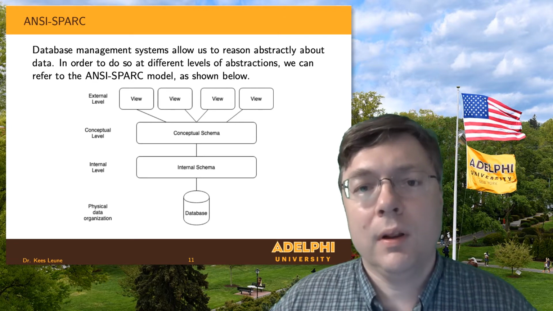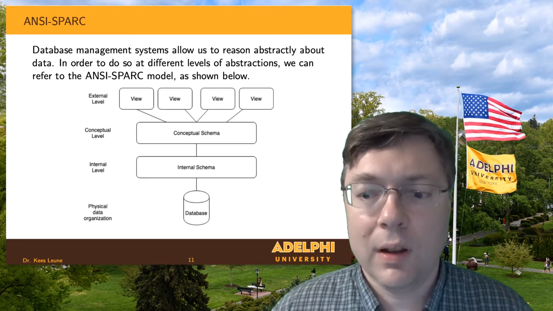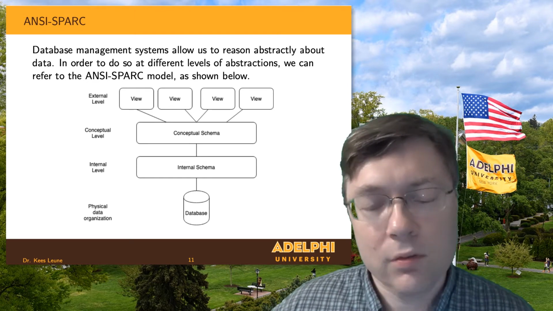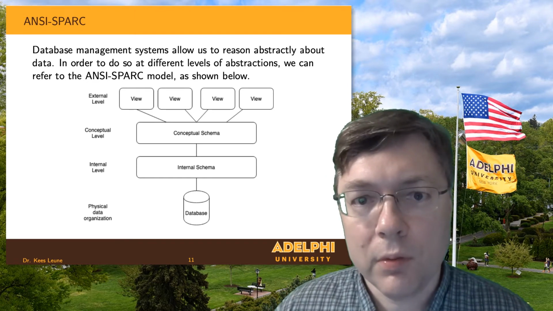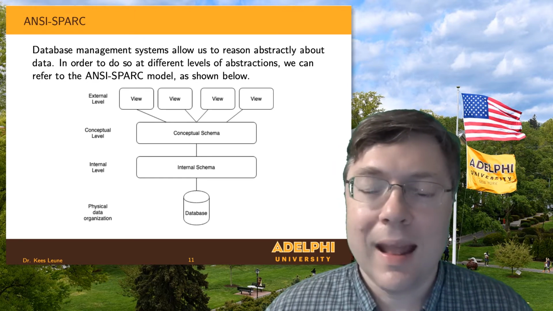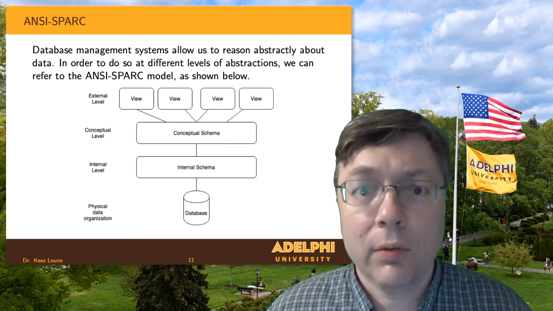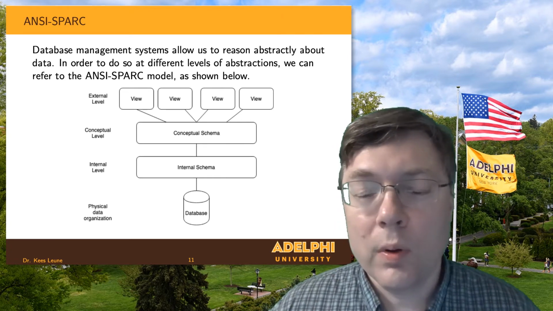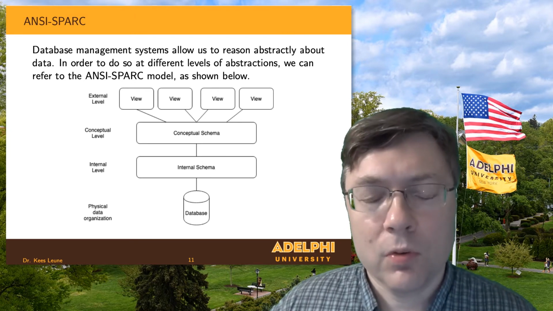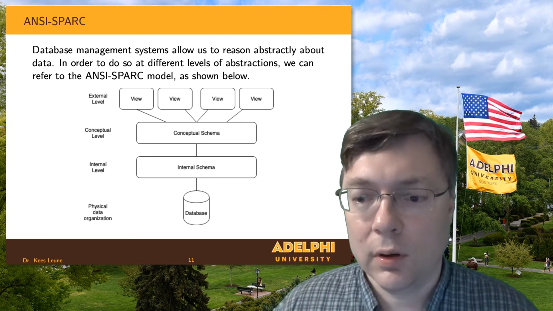And what we have to realize when we are dealing with application development is at which of these three levels we're operating. Are we typically working at the conceptual level when we're talking about the database schema and the data? Are we looking at the external level where we use the data? Or do we worry about the internal level, which specifies how the database management system organizes that data internally?